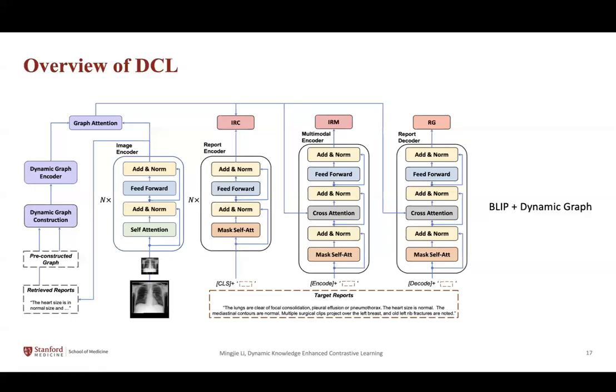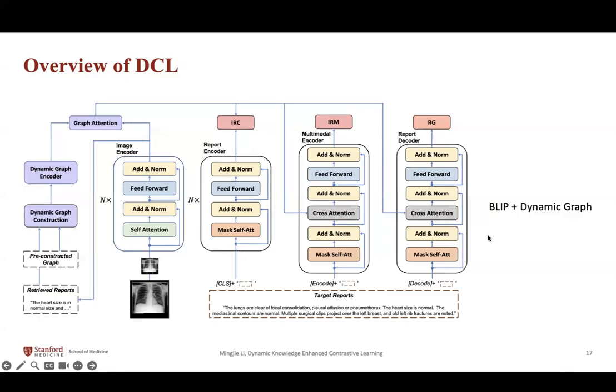As we mentioned, one of the successful concepts in report generation is to use the retrieved similar reports, which LEAP can help us find, and we will use them to help us construct the dynamic graph and enhance the visual features.